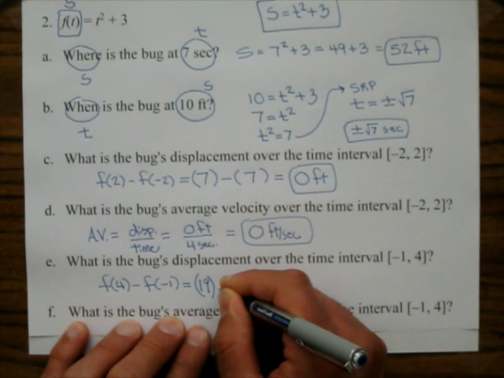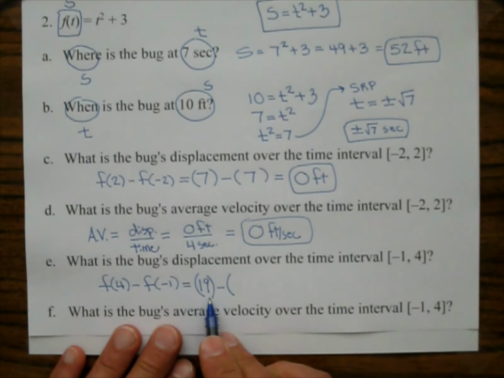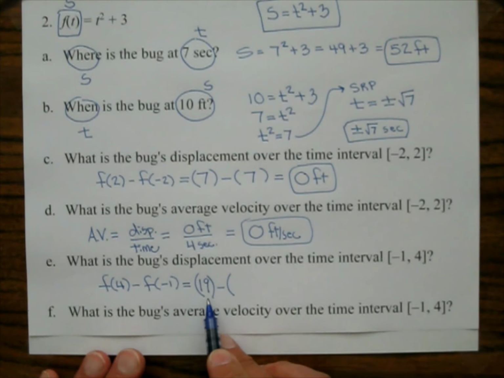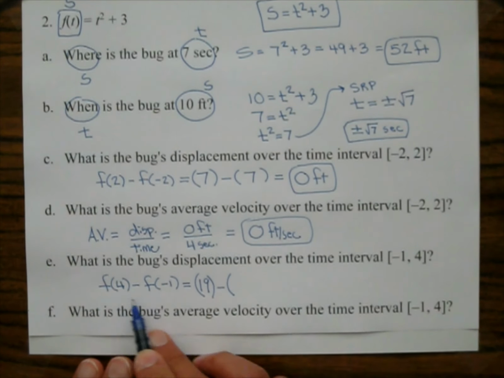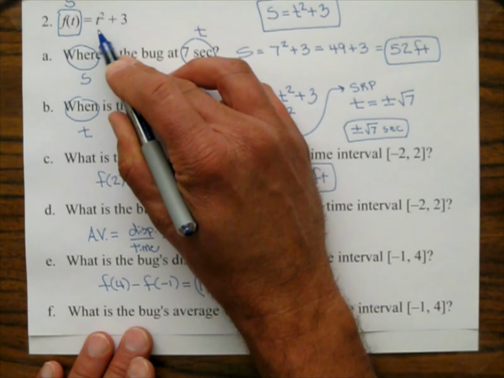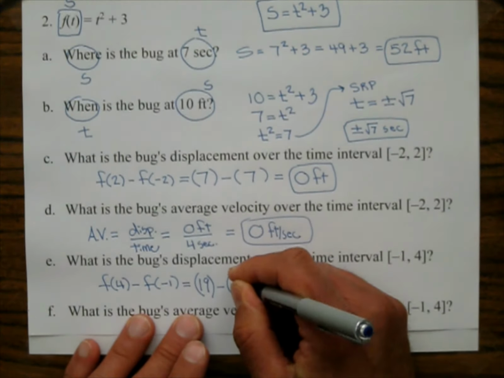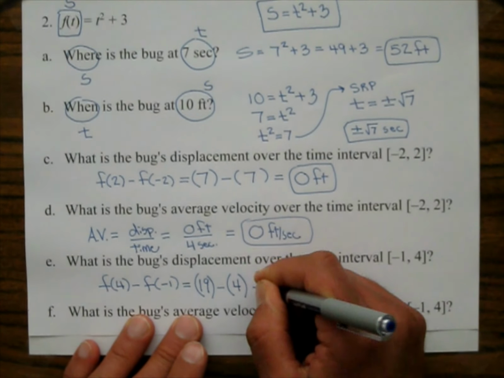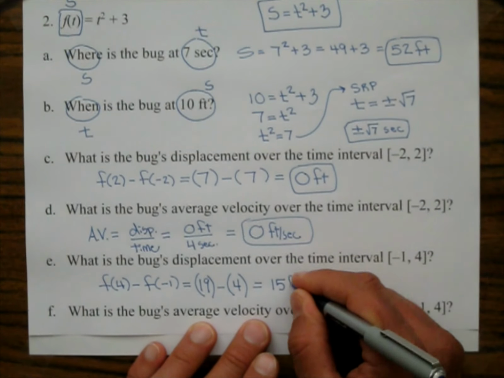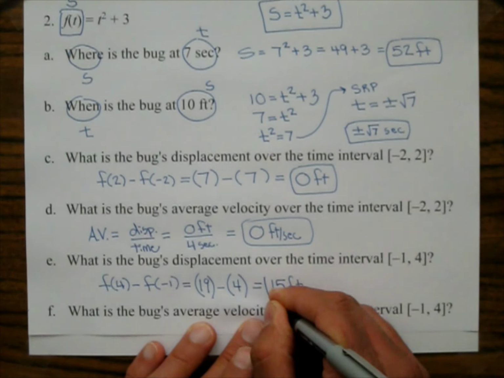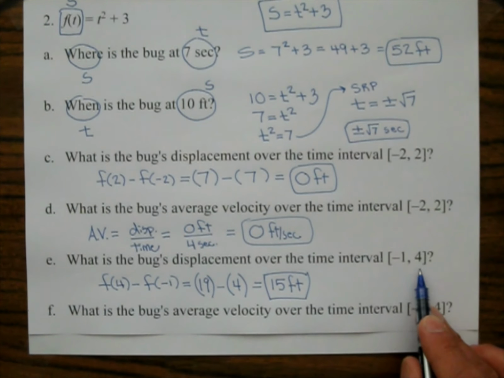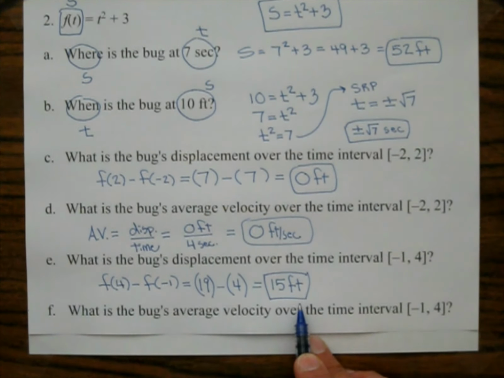Okay, so 19 minus, and we really don't need those parentheses there, but I want you to see this formula here. And then f of -1 is going to be -1 squared, so that's 1. 1 plus 3 is 4. So 19 minus 4 is 15 feet. So the bug's displacement within the interval -1 to 4 is 15 feet.